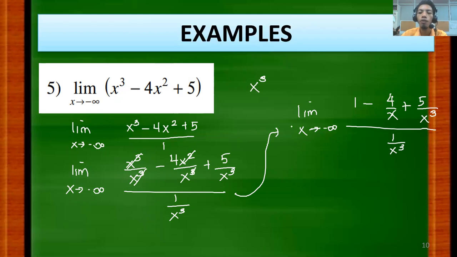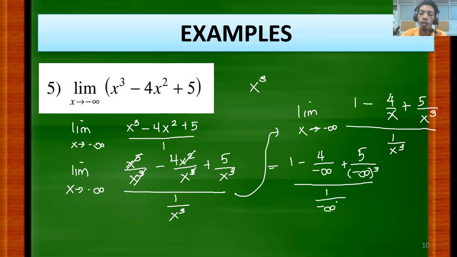After that, substitute negative infinity for all x. So you have 1 minus 4 over negative infinity plus 5 over negative infinity cubed, all over 1 over negative infinity cubed. Again, anything divided by infinity becomes 0.